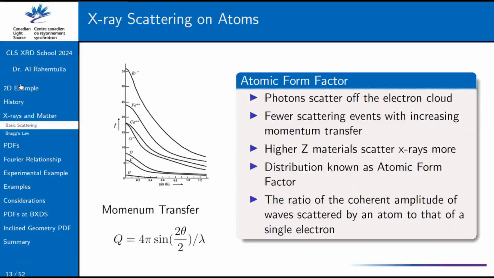So we have a little relationship here, which is related to the scattering angle 2 theta, well, half of the scattering angle, as well as the wavelength of the photons being used. So atoms with more electrons are going to scatter more, which is why we've seen heavier elements always scatter better than lighter elements, and things like hydrogen are practically invisible.